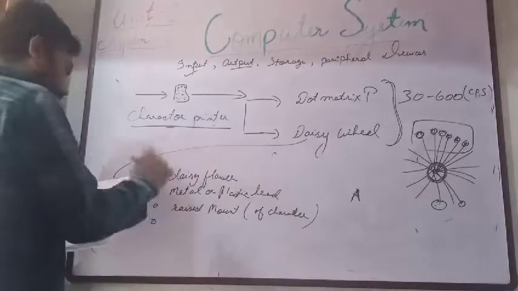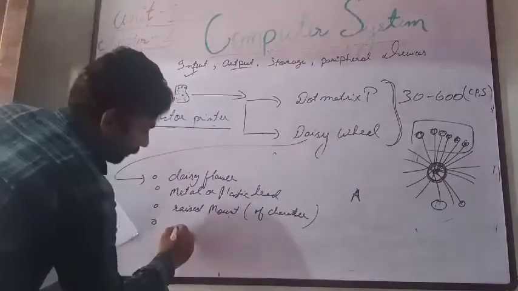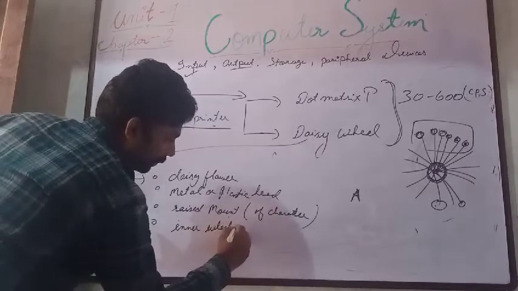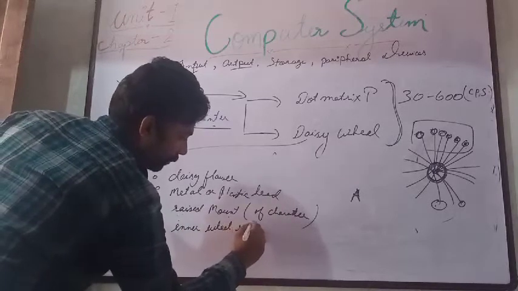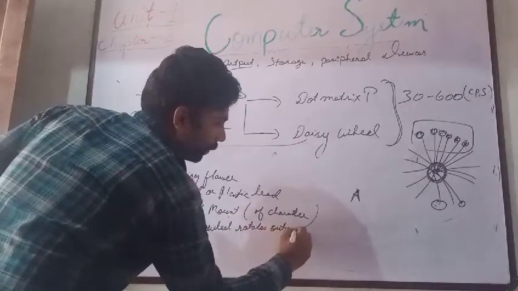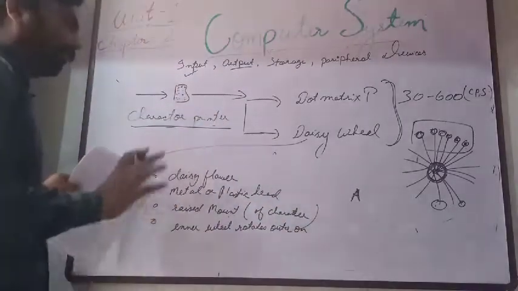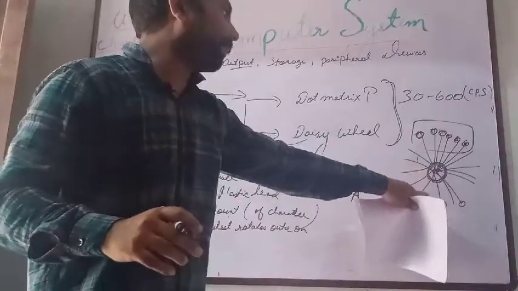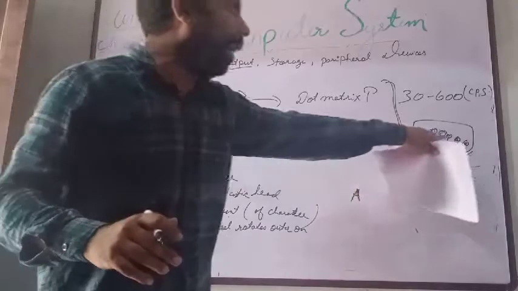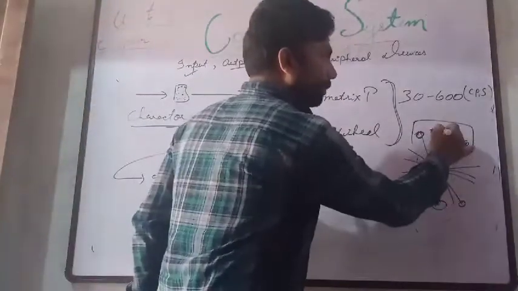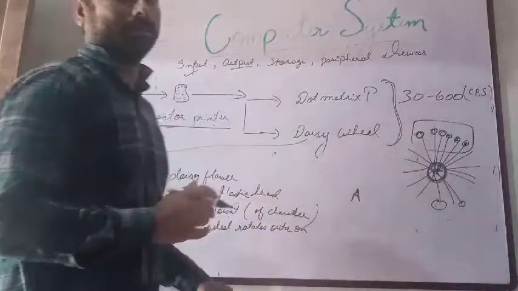So the inner wheel rotates the outer one. Okay, I have written it in my own structure. So the inner wheel rotates, with the help of which each and every arm rotates and occupies its own space on the head.